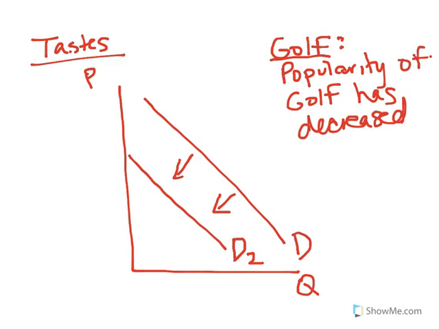Now, we would go the other direction if I had said the popularity of golf has increased. If the popularity of golf had increased, then the demand curve would be shifting to the right. There would be an increase in demand for golf. But in this case, because I said the popularity of golf has decreased, that would simply mean that the demand for the good is decreasing.